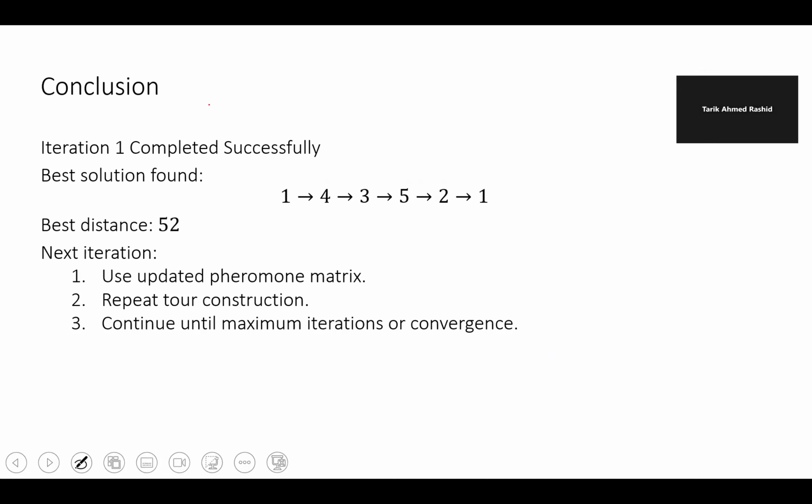So for iteration 1, ant 1 was selected with distance 52, and then in the next iteration we use the updated pheromone matrix, repeat the tour construction, and continue until the maximum iteration, coverage or convergence is reached.